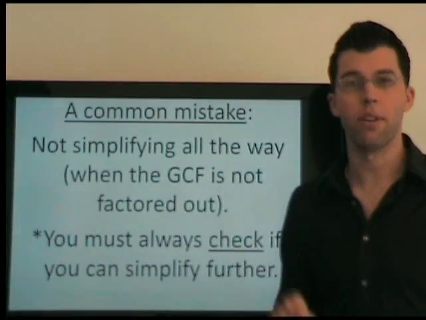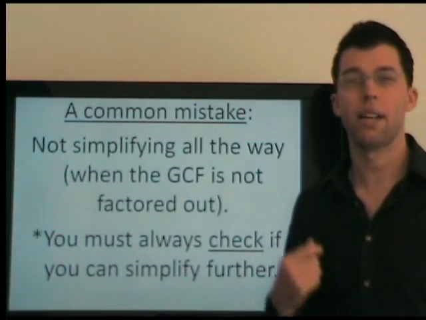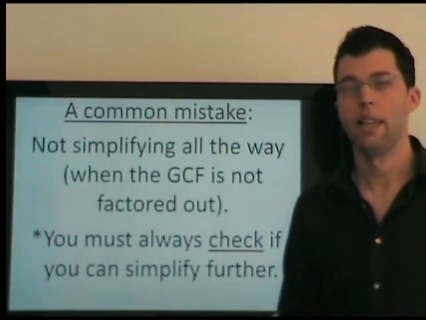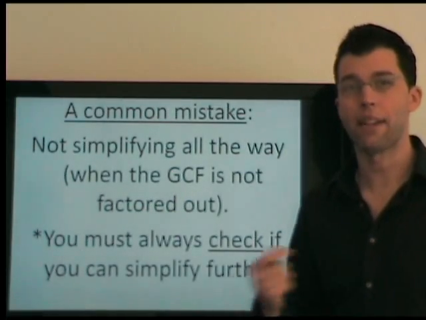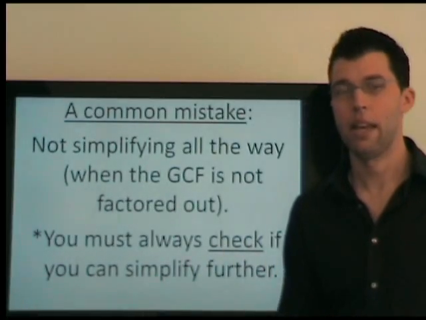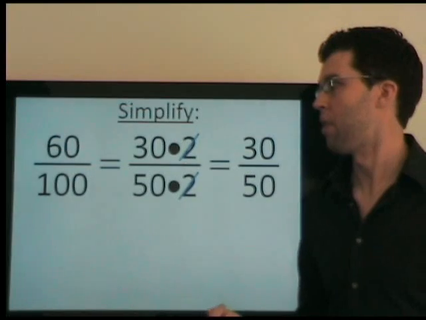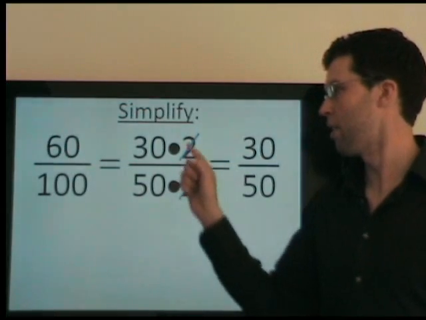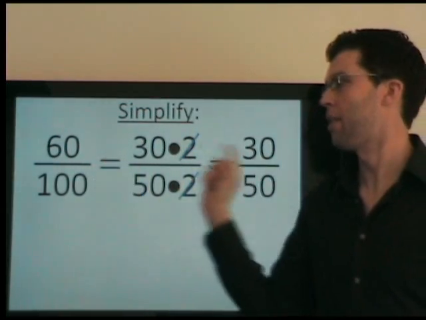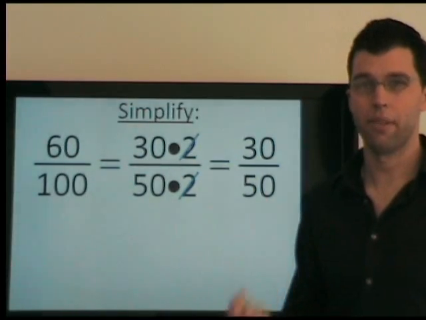Okay? It's important you know what common mistakes students make, and the most common is not simplifying all the way. This happens when students don't factor out the greatest common factor. So we must always check if we can still simplify the fraction. So for example, let's say you factor out a 2 here, and get this. Now this is fine, these are equal, but you have to ask yourself, can we still simplify?